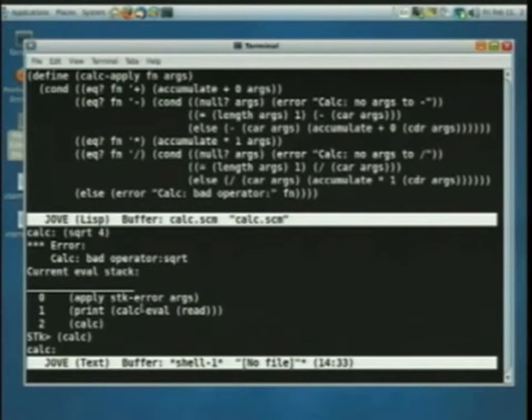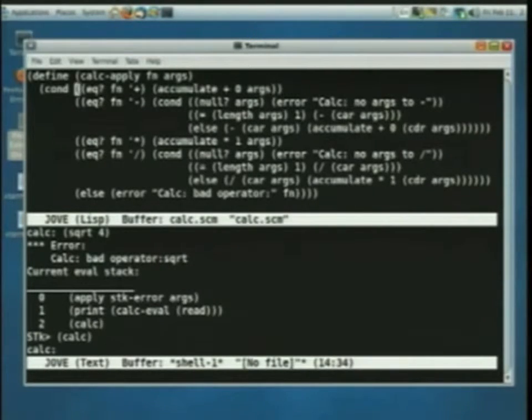So we really are looking at something pretty real here, except for this business about 4 different cond clauses for 4 different operators. So plus and times are easy. We treat all the arguments the same way. Minus and divide are a little more complicated.